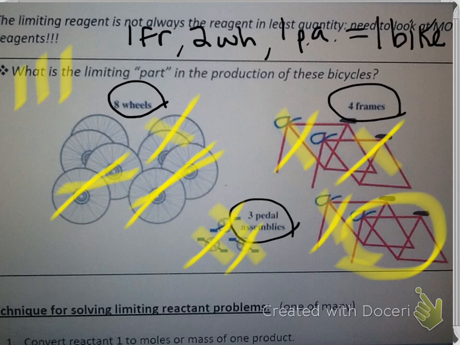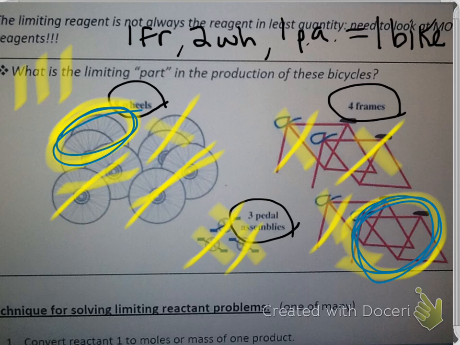We've got a frame. We've got 2 wheels. But I think you noticed we have no pedal assembly. We ran out of pedal assemblies. So we've got an extra set of wheels. We've got an extra frame. But we have no more pedal assemblies.